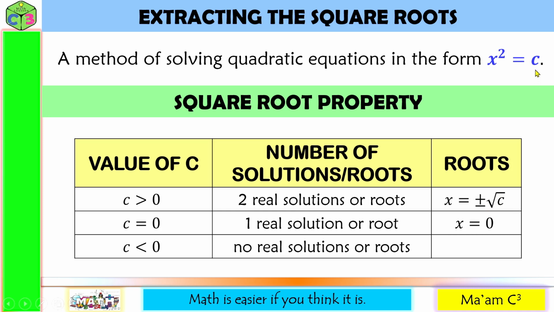If this c here is equal to 0, then there is only one real solution or root, and that would be 0, because the square root of 0 is 0. And if this c here is less than 0, meaning a negative number, then there are no real solutions or roots. It would be imaginary roots. But we are not going to discuss that in this video lesson.